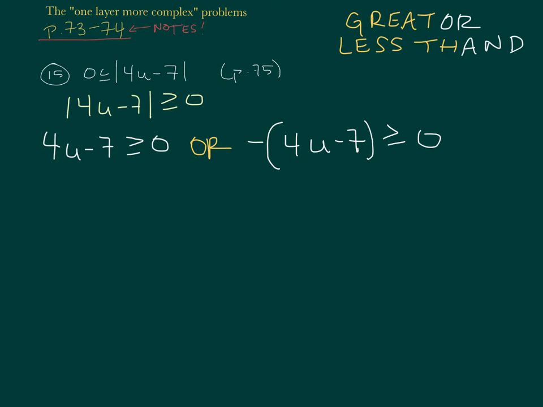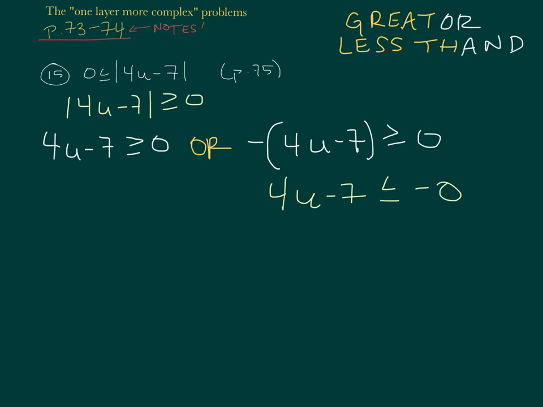Some people prefer, and I think the book shows you this, to leave this alone, but then flip the sign and negate the constant, which is totally valid. That's essentially the same thing that we're doing here.